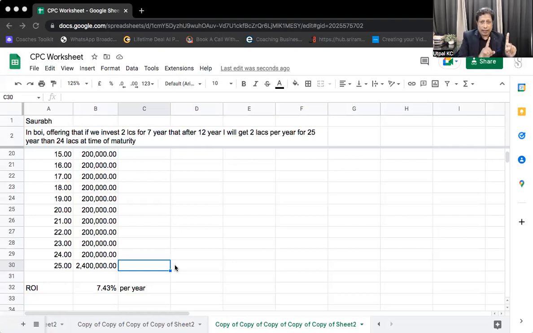In case of debt, the minimum investment is 3 years. If you invest beyond 3 years, you will get indexation benefit. That is huge, plus 20% tax. So it looks like 20%, but the indexation benefit really reduces the gain.